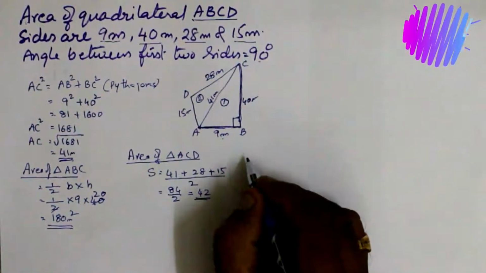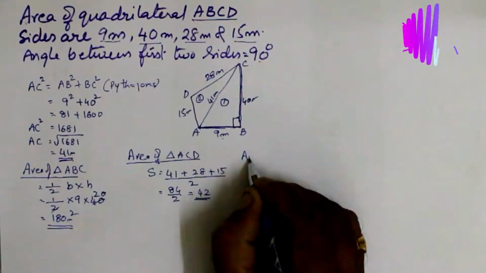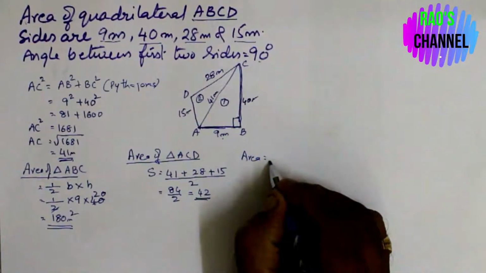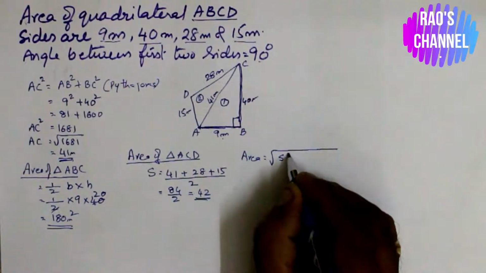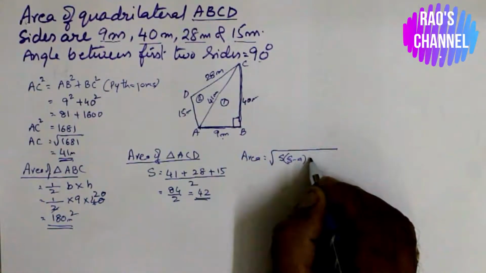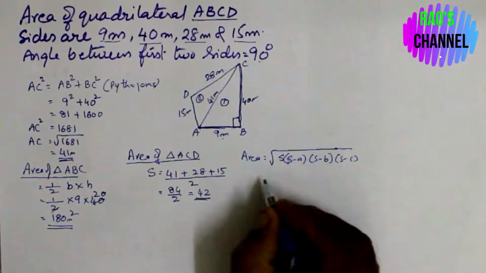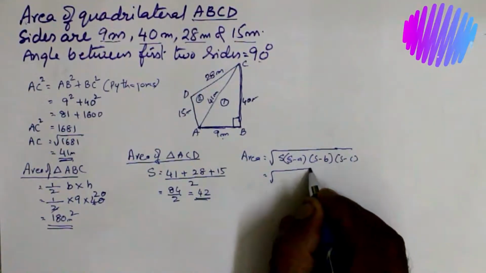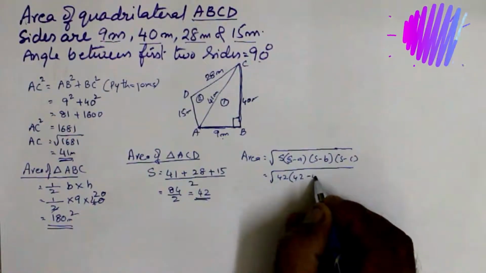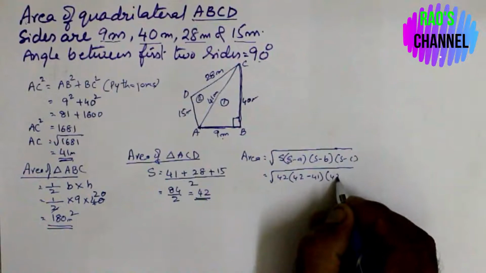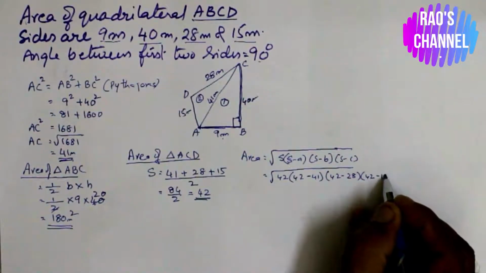Now I can use the Heron formula. Therefore, area is equal to root of S into S minus A, S minus B and S minus C. S is 42, so 42 into 42 minus 41, 42 minus 28, 42 minus 15.